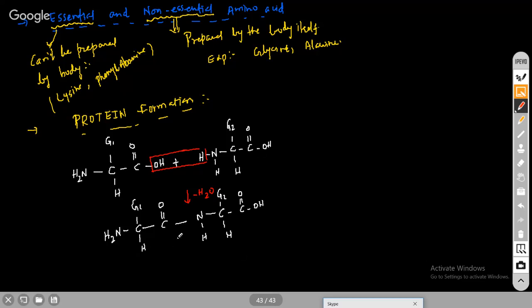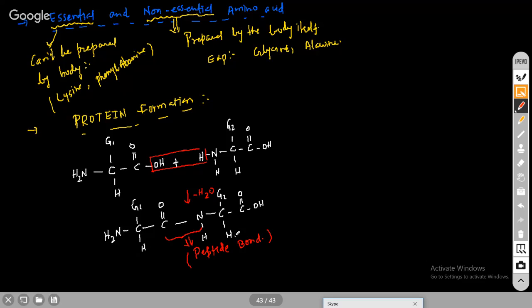Now this bond, C double bond O and N, is the peptide bond. Or we also call it peptide linkage.